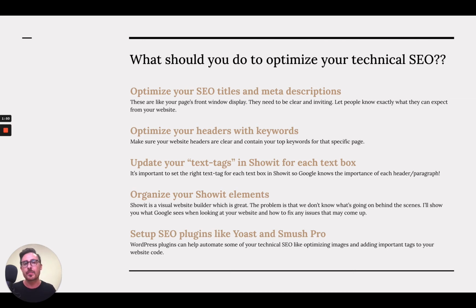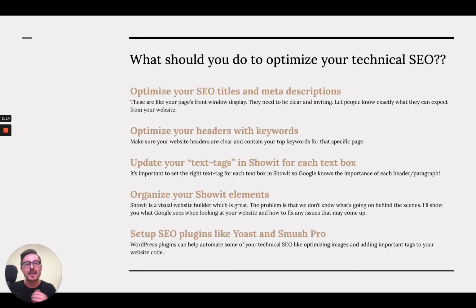So leaving them blank doesn't do us any good, because usually Google just pulls in whatever they want, or they'll just pull in the page name like home or about or portfolio, and that's not optimized. We want to add keywords and make sure it is clear about what people are about to click on, so when they go to your site, they see what they're expecting to see.